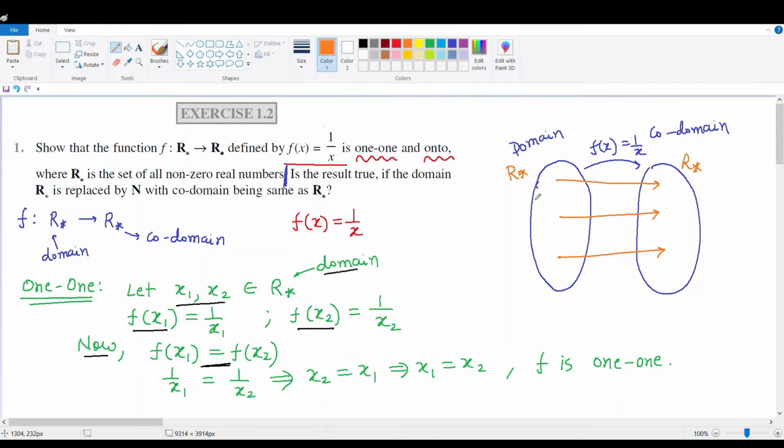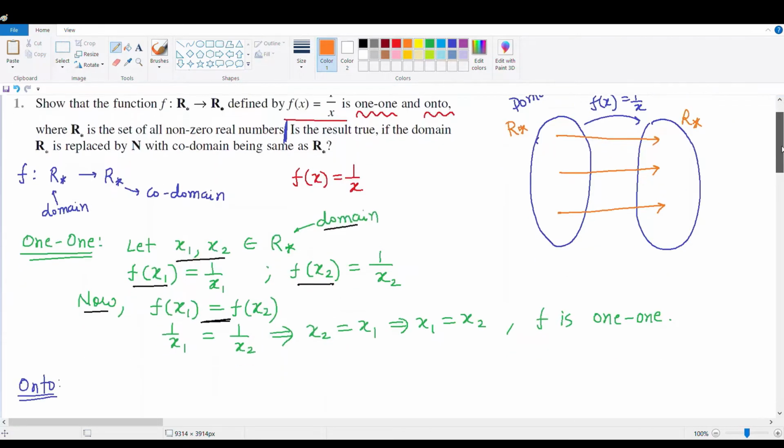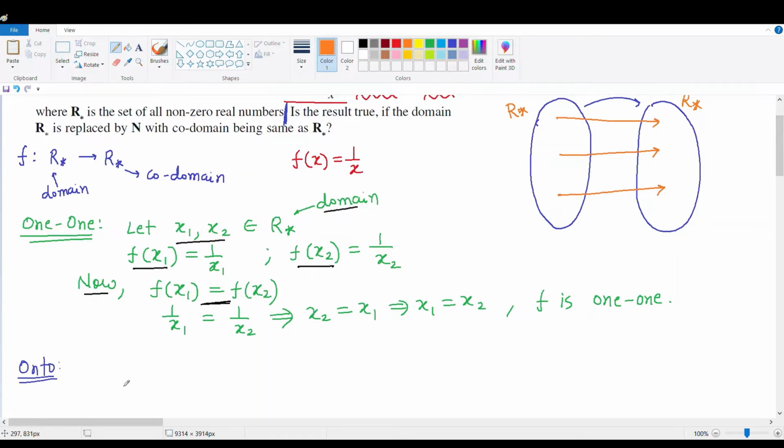This domain and this codomain are real number sets, but they cannot be 0. So it doesn't have a 0 in it. That's why it is not R, but a slightly different name, R star. So all the elements in this codomain must be connected to something in this domain. And as soon as we prove that, then we have proved that the function is onto.